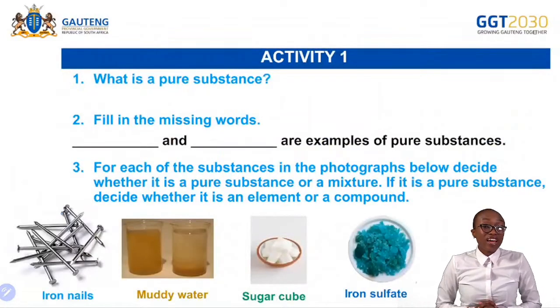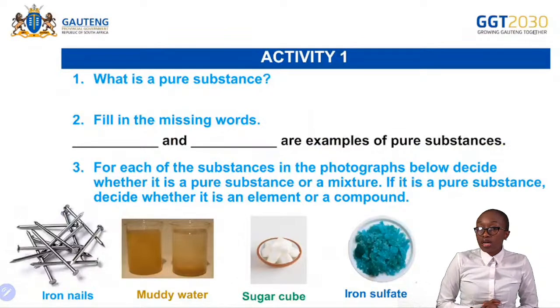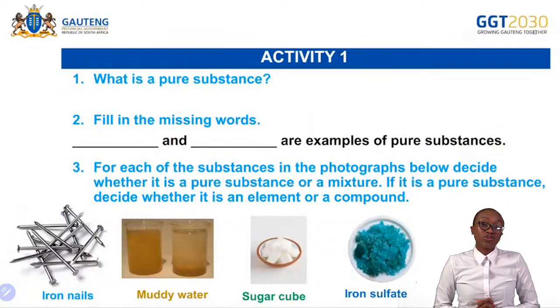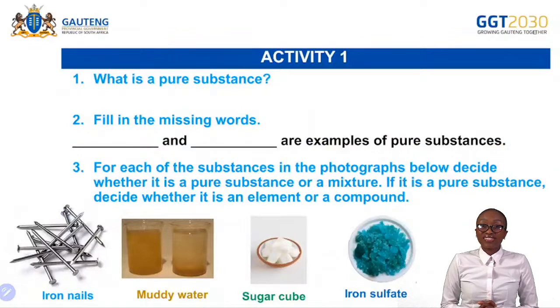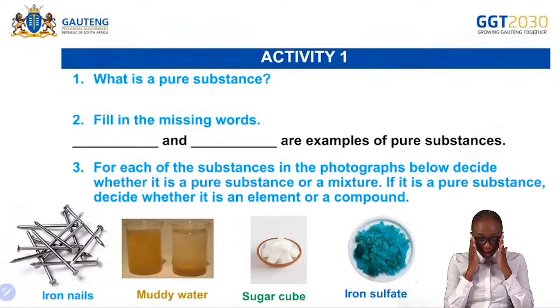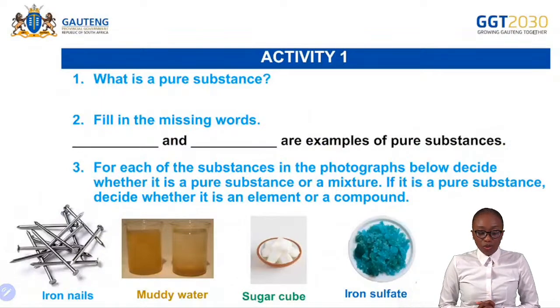Now we have arrived at our first activity. I'm going to read out the questions, give you time to answer, and then we'll go through the solutions together. The first question reads, what is a pure substance? The second question says, fill in the missing words. Blank and blank are examples of pure substances.